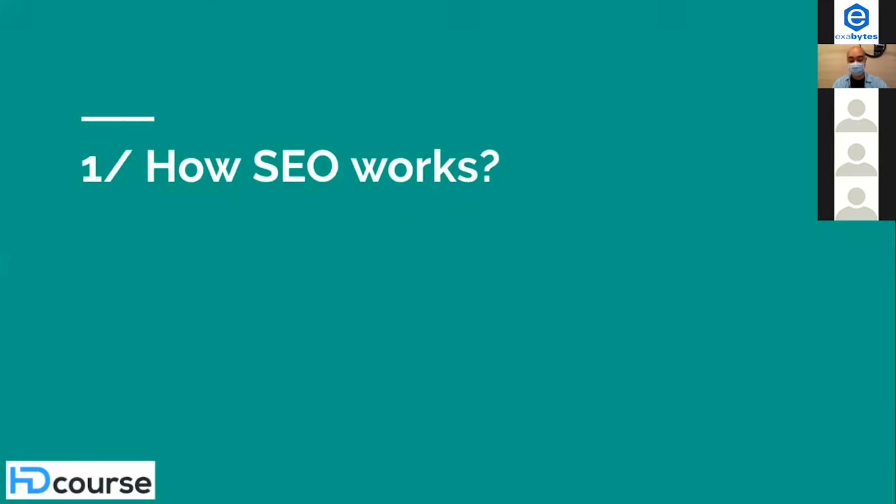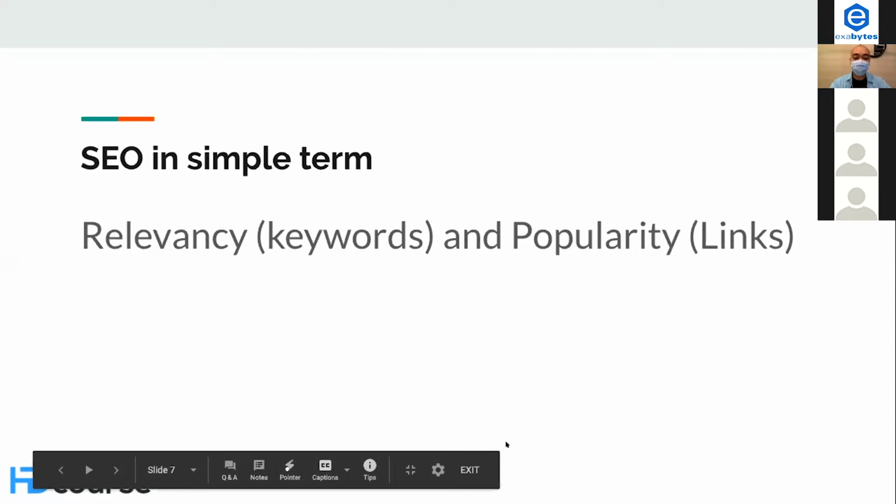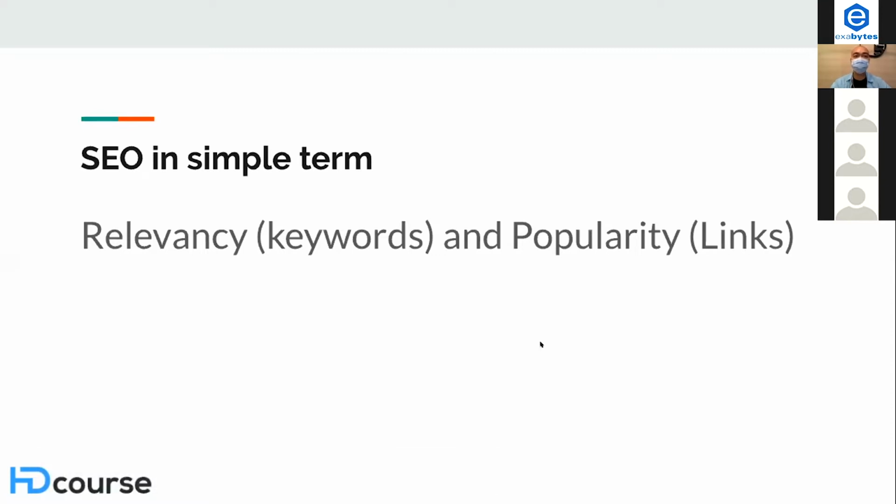So basically how it works, in really simple terms, is just a single sentence: it's the relevancies and the popularity. In SEO, relevancies mean the keywords in the content, whether people actually search related keywords or things like that.